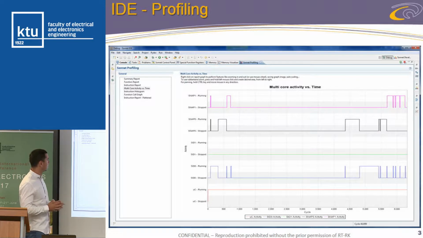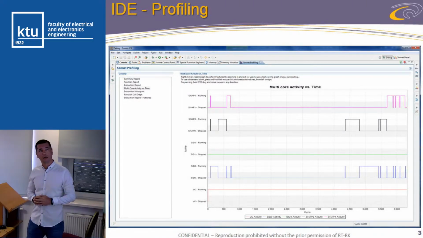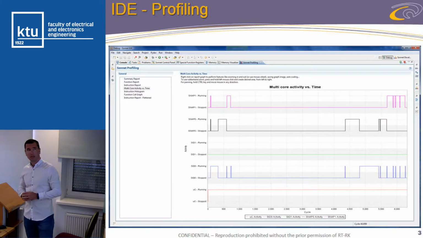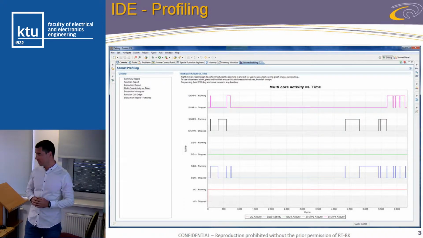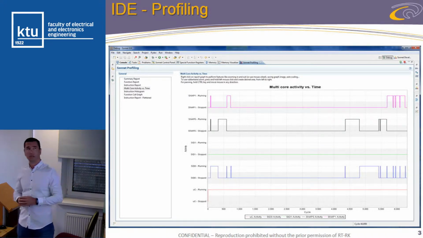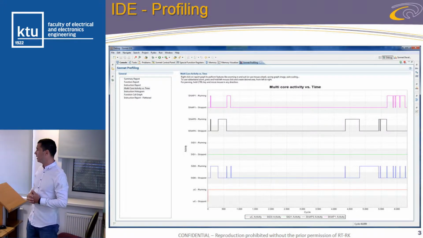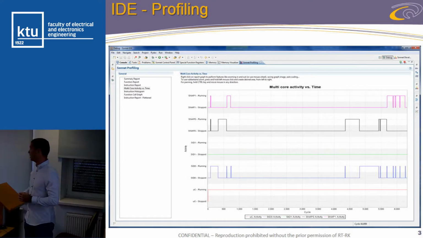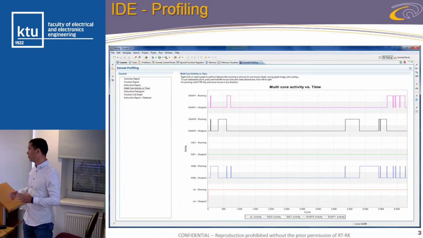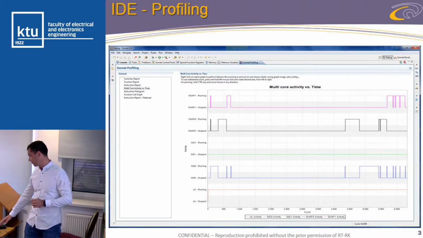You can see that it shows a core activity graph during firmware execution. So the main question that inspired this research: can we extend this view in order to provide information about the energy that is being consumed during firmware execution?